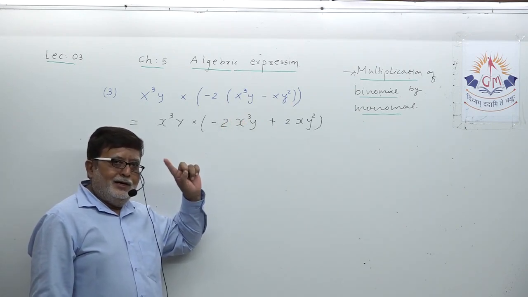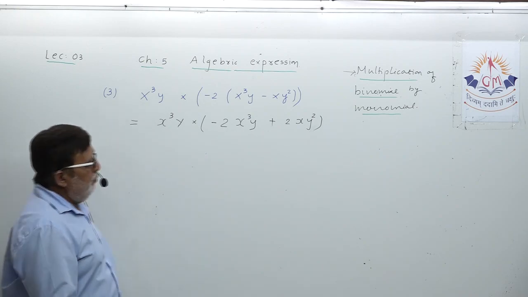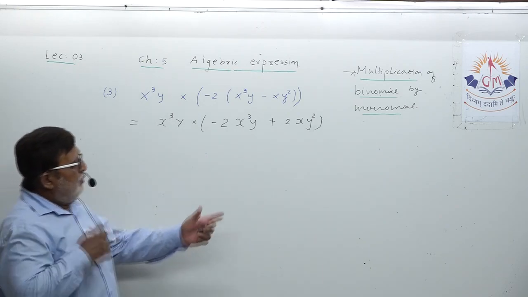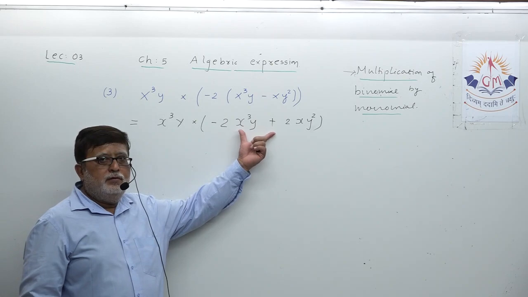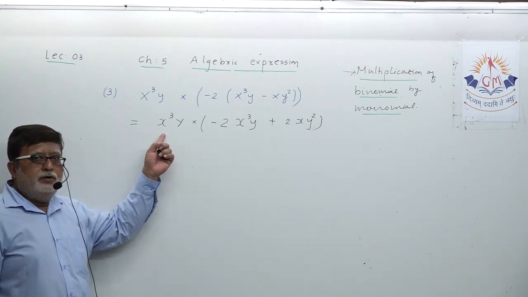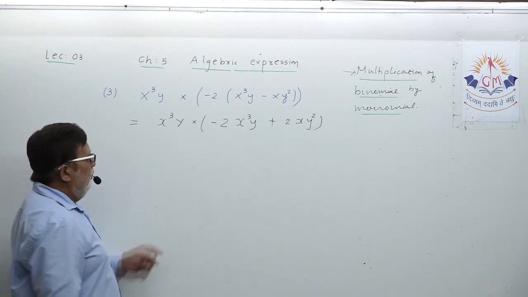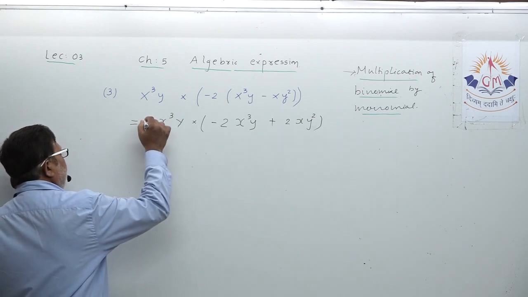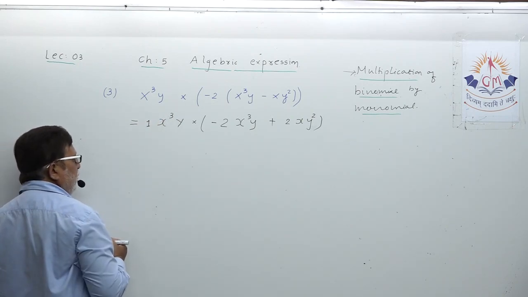Okay. After I have opened the bracket, it is now a new binomial, and before that there is one monomial. Now as you know, because there is no coefficient, I can say 1.